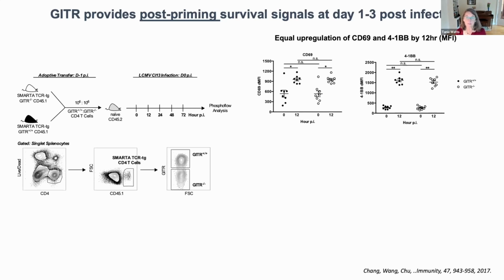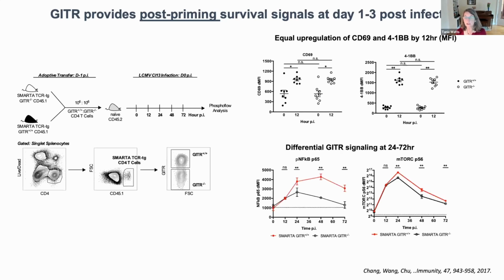So what about GITR? Well, we decided to look at 2 of the known signaling intermediates downstream of GITR. One was the phospho NF-kappa B p65 subunit, and one was phospho ribosomal S6. Phospho S6 is an important molecule during clonal expansion because it regulates protein translation and cell size.